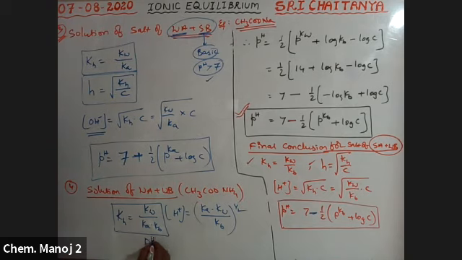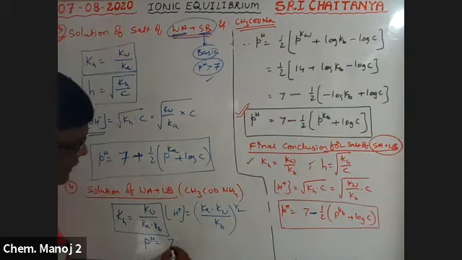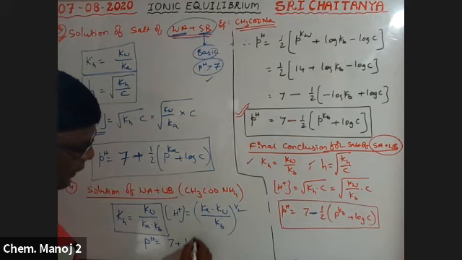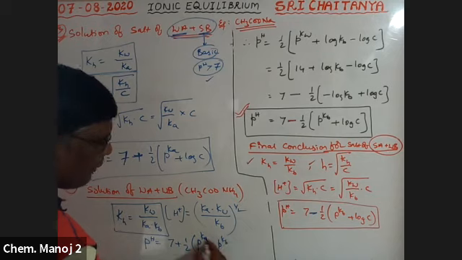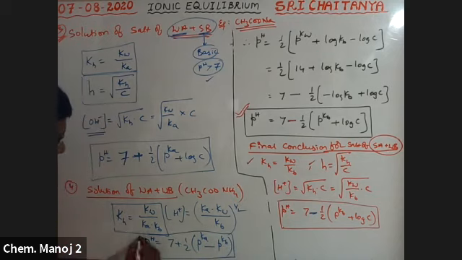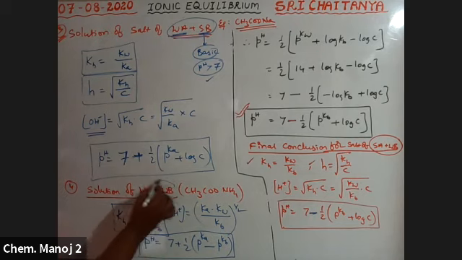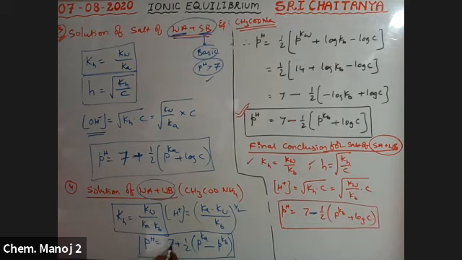Now pH is important: pH is equal to 7 plus 1 by 2 pKa minus pKb. Many problems are based on this, my dear boys, so please keep it in mind.